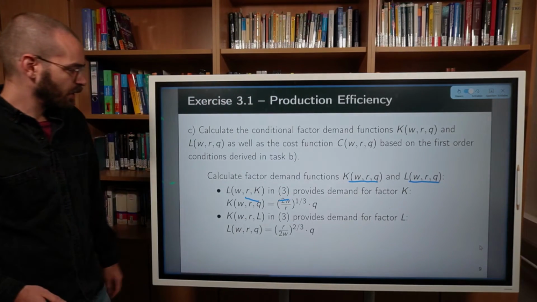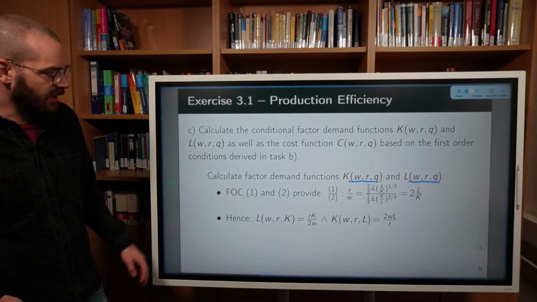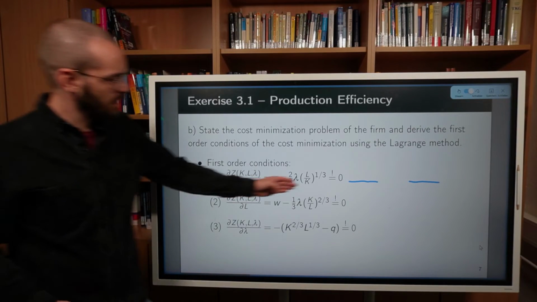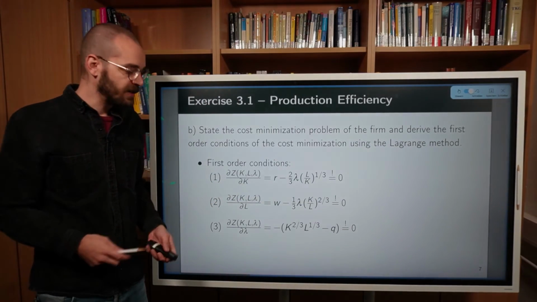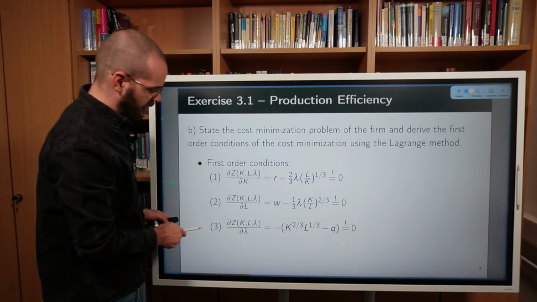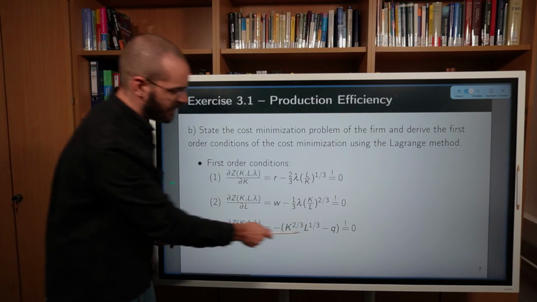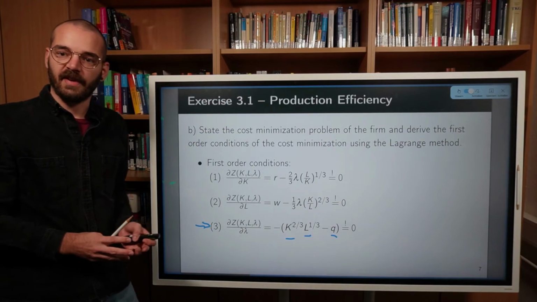Using these, we can then substitute for the respective other input factor. So in the third first order condition, we have an expression where we have Q as well as both input factors.